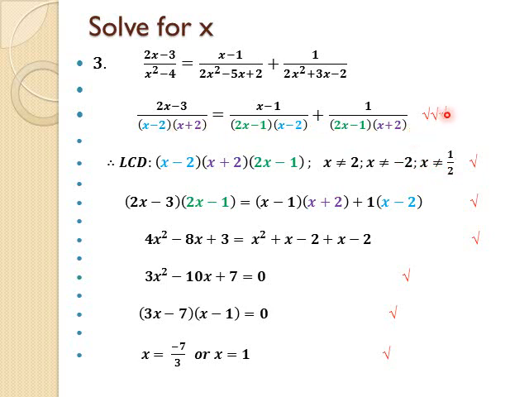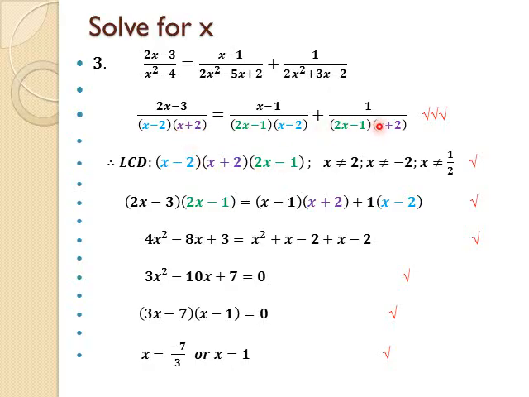Right, so 1 mark for each one correctly factorized, 1 mark for my LCD. Alright, so there I have x minus 2 cancel, x plus 2, I'm short 2x minus 1, so that becomes 2x minus 3 times 2x minus 1. Alright, so you see there 2x times 2x minus 1, that's what I'm short at the bottom.